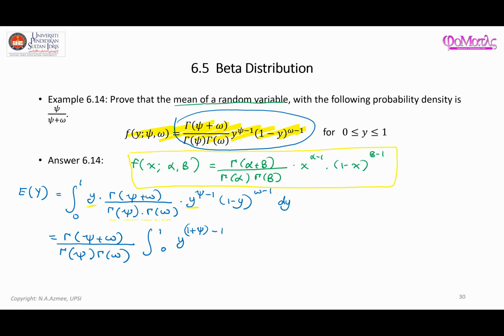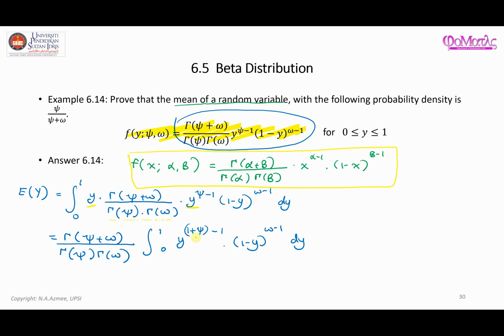It is the same thing really. You're just combining, this is y to the power of 1. Then here we have 1 minus y to the omega minus 1 dy.